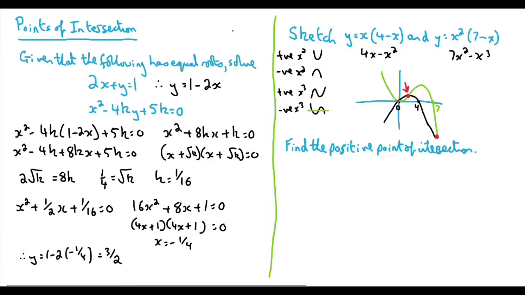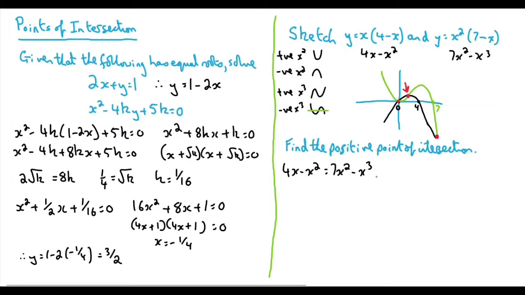As to how we're going to find it, well, we can start by setting these two equations equal to each other, because if it is the same x giving the same y, then this y will be the same as this y. So yeah, we can say that 4x minus x squared equals 7x squared minus x cubed.